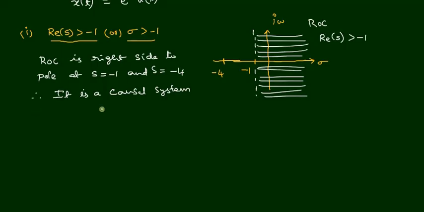So we can write the inverse Laplace transform x of t as it is, what we wrote in the previous case. x of t is equal to e power minus t u of t minus e power minus 4t u of t.